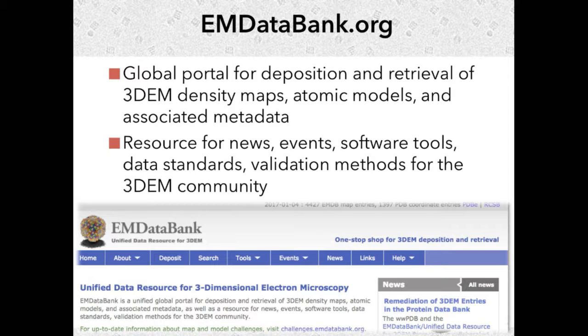We try to stay relevant to what's going on in 3D-EM. In particular, we provide a portal for deposition and retrieval of maps and atomic coordinates and associated metadata. And we try to provide information about news, events, software tools, data standards, and validation methods.